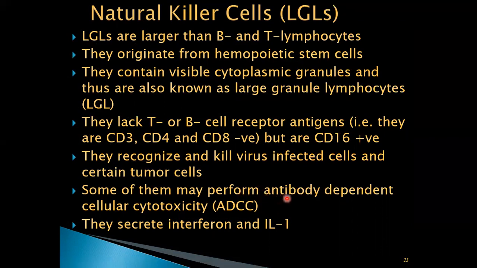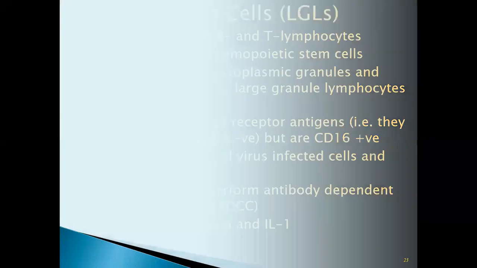That's why it's called antibody dependent cellular cytotoxicity. Natural killer cells secrete interferon and interleukin 1. This is important, so remember that they secrete interferon and interleukin 1.